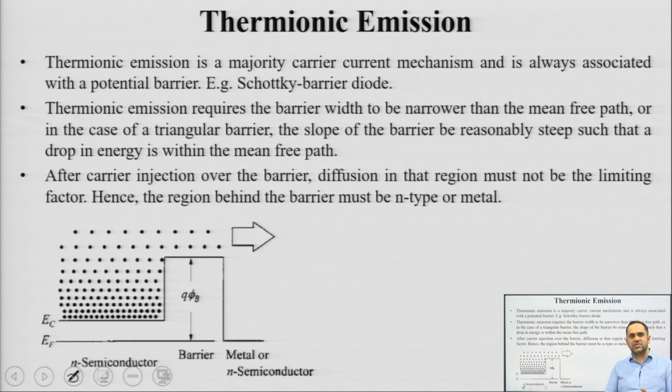After you have injected charge carriers, say by applying a voltage, diffusion in that region should not limit. So, the region beyond the metal should be n type, or the region beyond p type should be a metal. So, either you can have a p type metal interface or a metal n type interface. In such a scenario, you are going to have thermionic emission taking place.